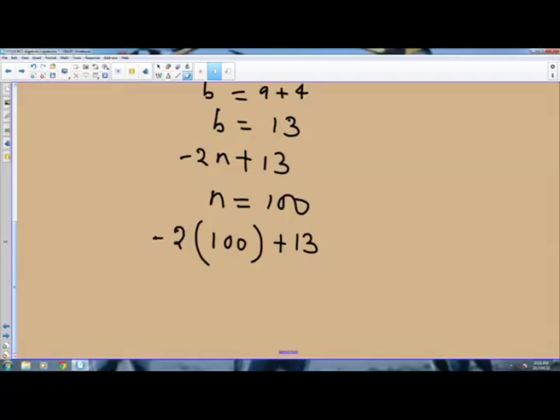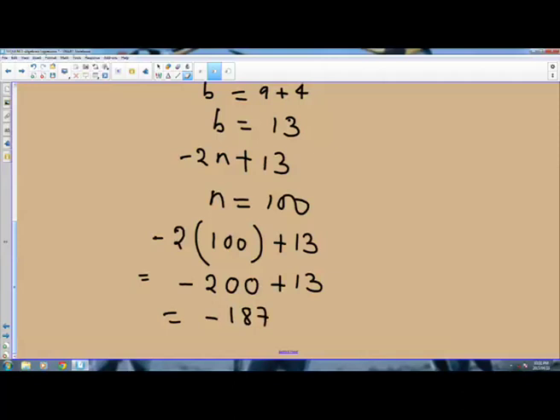And then this will be minus 200 plus 13. And then what is minus 200 plus 13? Minus 200 plus 13 is negative 187.